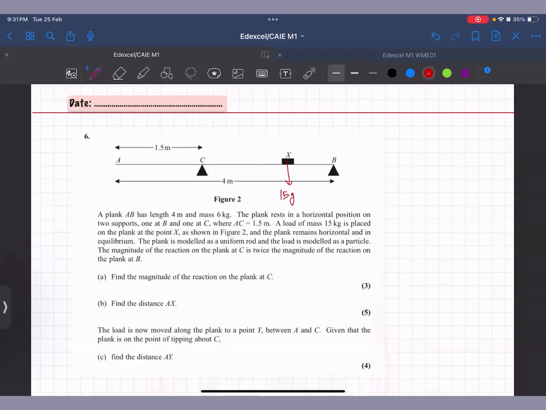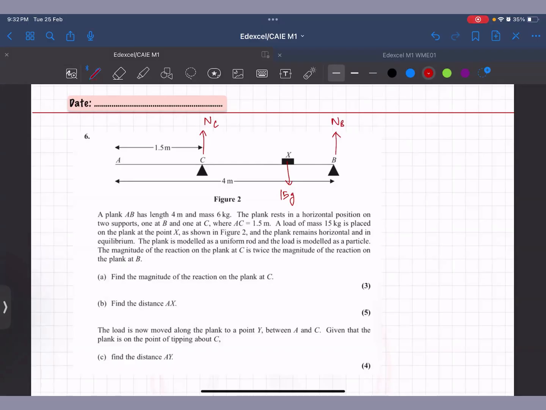The plank remains horizontal and in equilibrium. The plank is modeled as a uniform rod, and the load is modeled as a particle. The magnitude of the reaction on the plank at C is twice the magnitude of the reaction on the plank at B. So normal force at C and normal force at B. This is the reaction force, right?